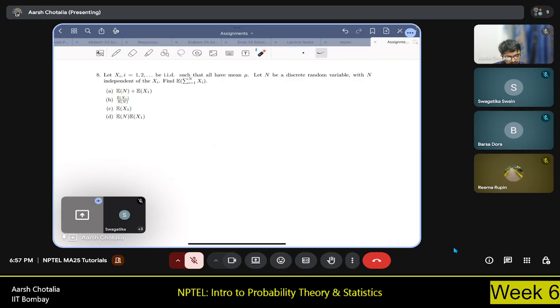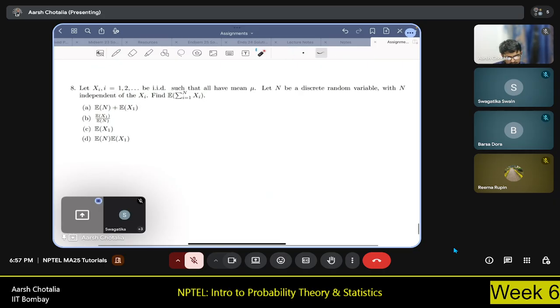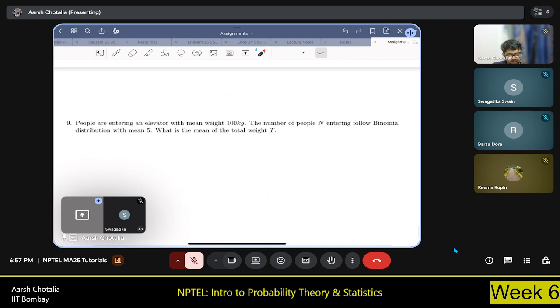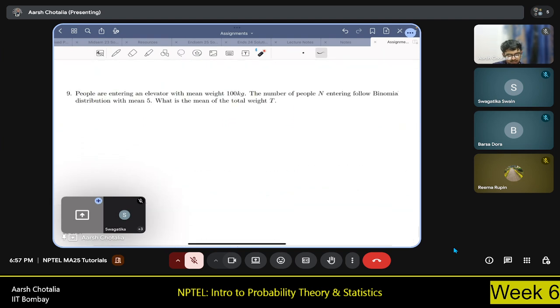Okay. Let's move on to the next one. This is very interesting. I mean, intuitively, it's quite clear. So, in fact, let me go to the ninth one first to get the intuition. It's the same thing. There are people entering an elevator, a lift, and on average, a person weighs 100 kilograms, slightly higher than the actual number, I guess.